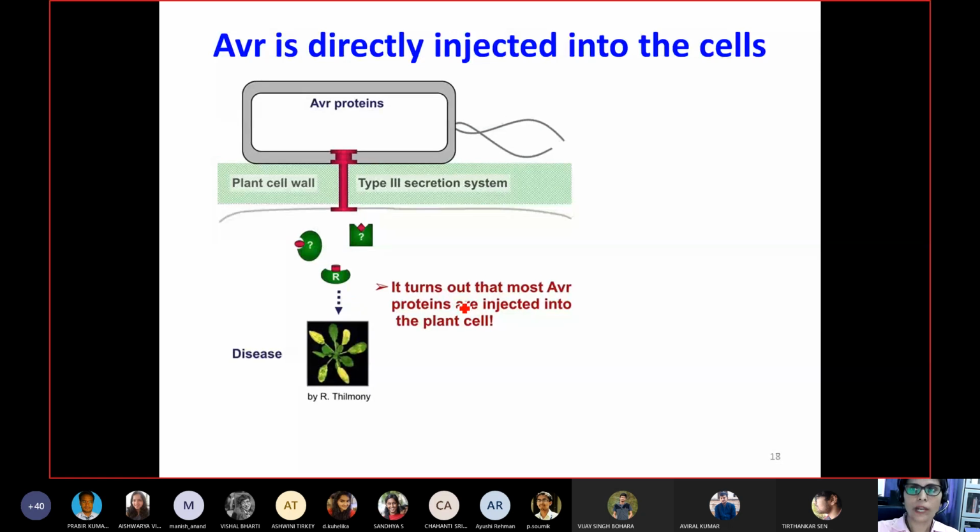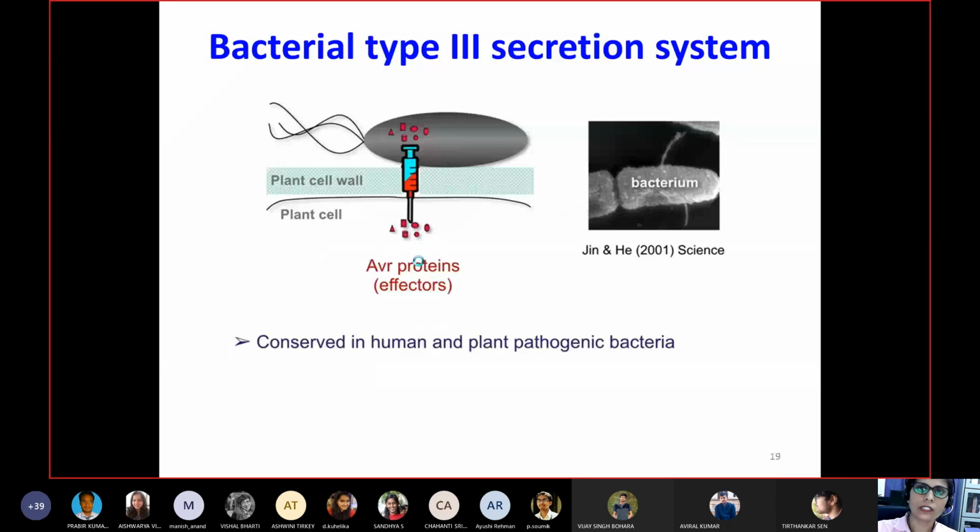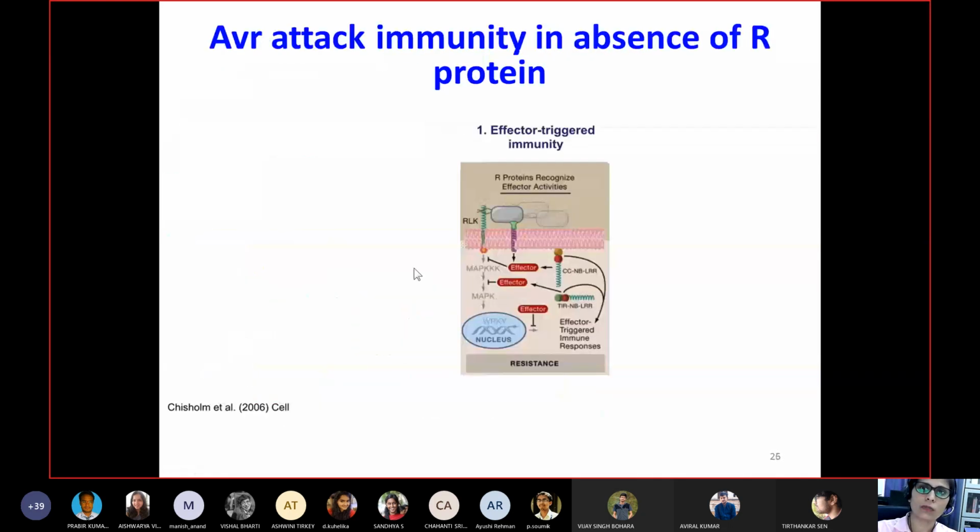Once it binds, it nullifies the effect of the effector proteins. Basically, it nullifies them only in the plant system which has the resistance gene, but not in a plant which does not. That means the effector proteins injected into the plant are evading the plant's immunity system.